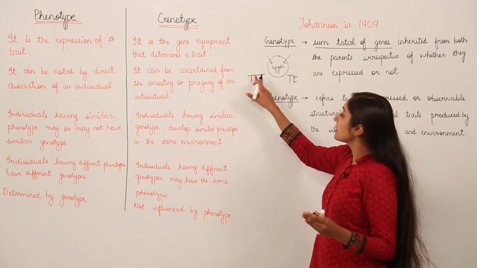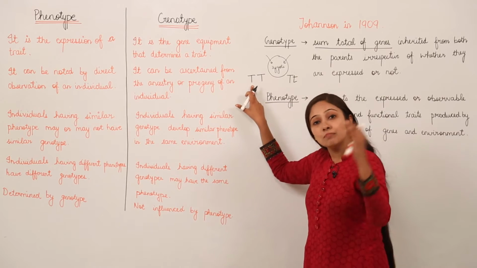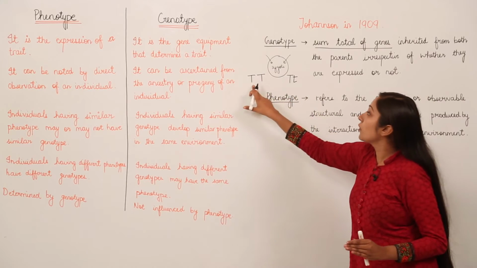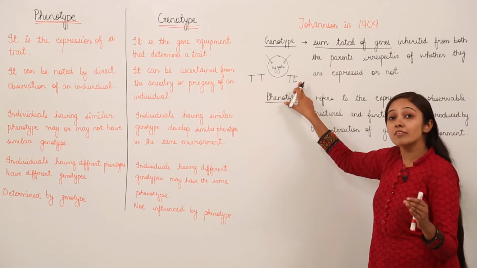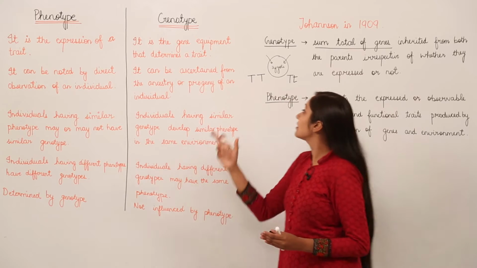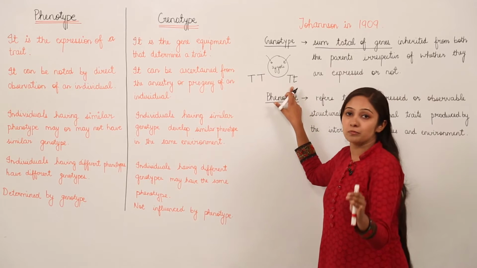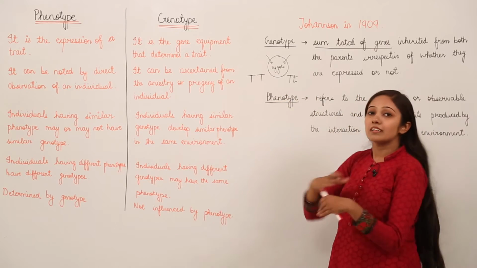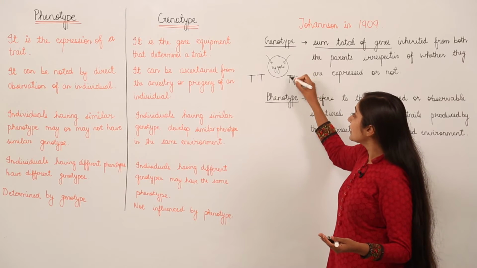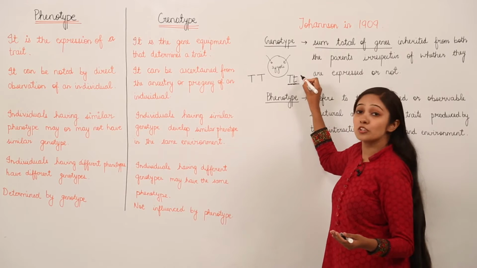For example, the uppercase T is encoding for a tall pea plant. It means that in both the cases we are going to have a tall pea plant according to the law of dominance, which states that if the dominant allele, the dominant gene, is present, it is going to be expressed no matter what the other gene is. So if a recessive allele is present, but with it one dominant is also present, the recessive is not going to be expressed.